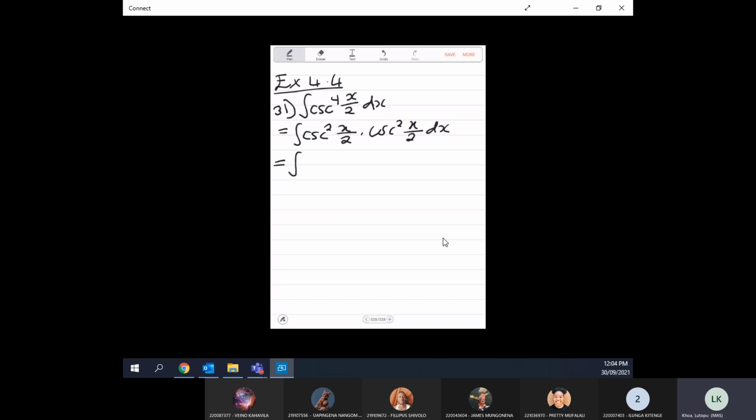So this is the integral of (1 plus cot squared x over 2) times cosec squared x over 2 dx. Then we can multiply out our brackets. This is the integral of cosec squared x over 2 plus cosec squared x over 2 times cot squared x over 2 dx.